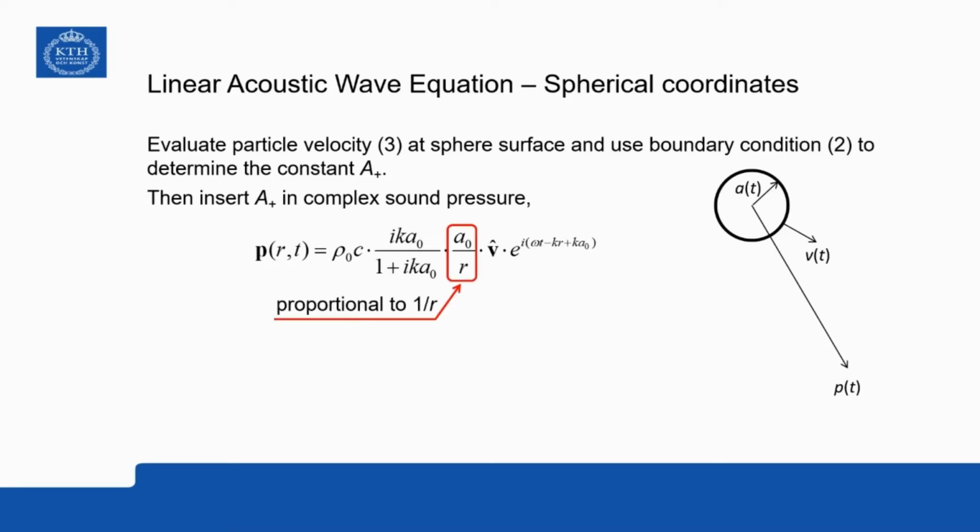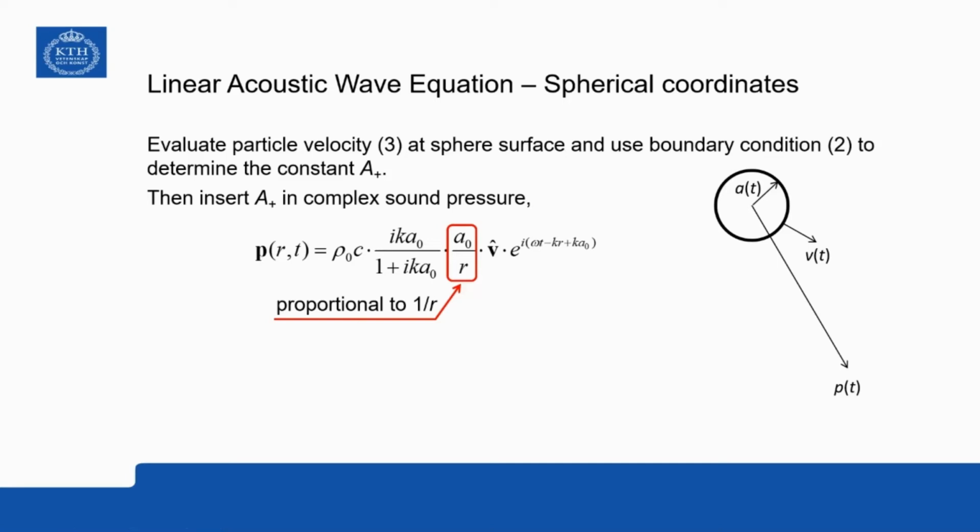And as you can see here, what is interesting, that we saw in the first part of the video, is that the sound pressure amplitude is inversely proportional to the distance between the source center and the observation point. So it's 1 over r. So if we double the distance between the source and the observer, the sound pressure amplitude will be halved.